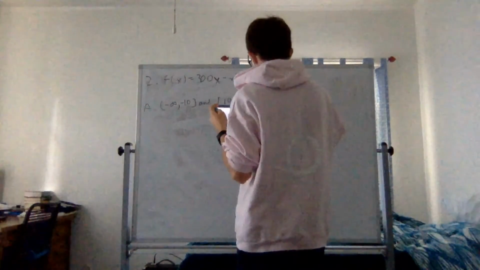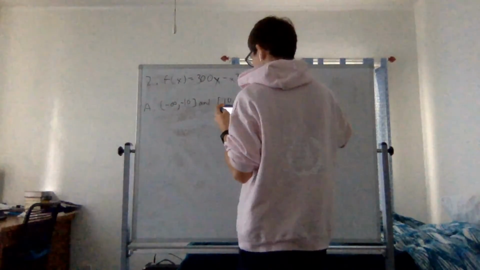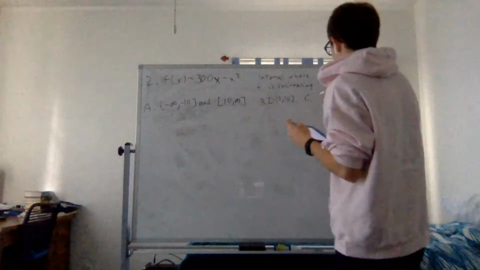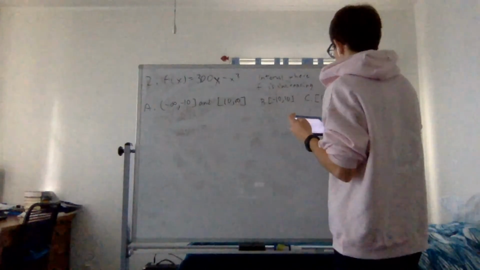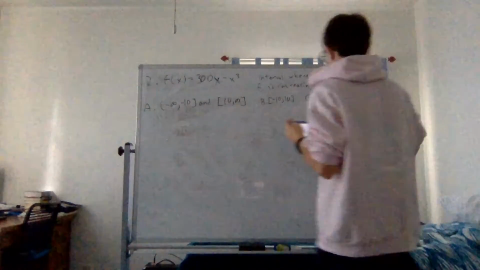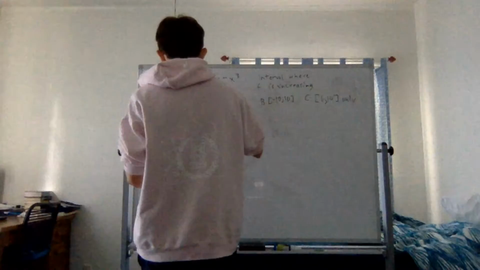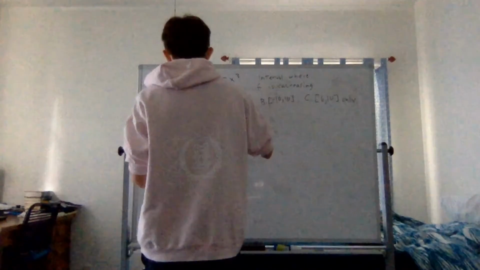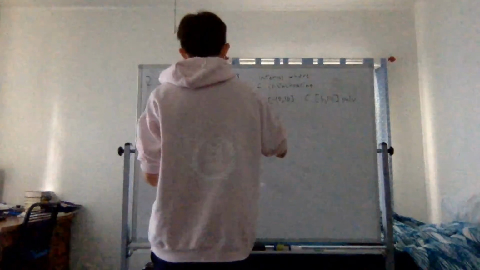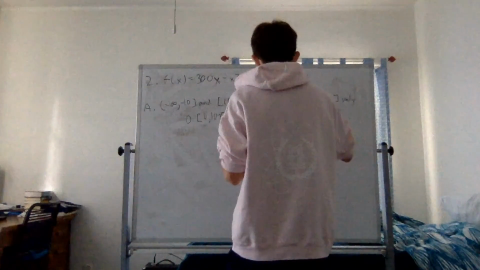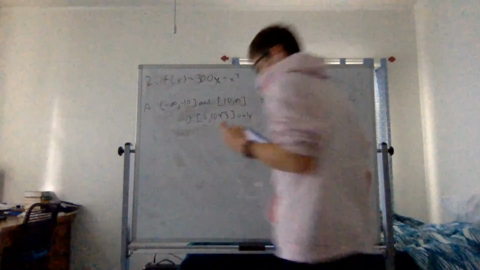B, negative 10 to 10. C, 0 to 10 only. D, 0 to 10 root 3 only, or E, 0 to infinity, right?